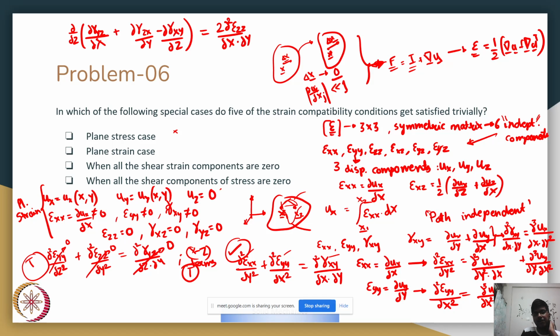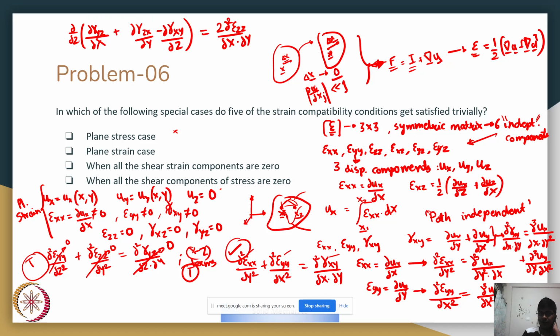In the second set of strain compatibility equations, again we have 3 there. The left hand side contains shear strains, as we see that gamma xz and gamma yz are always 0, whereas gamma xy is independent of z.